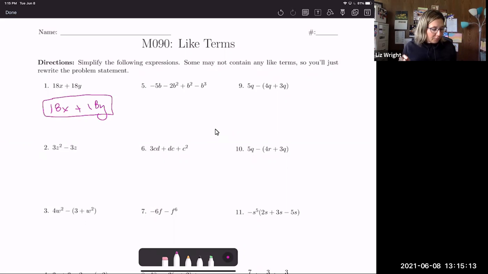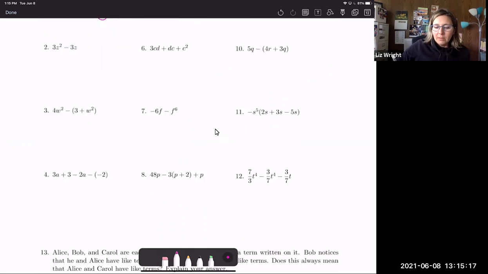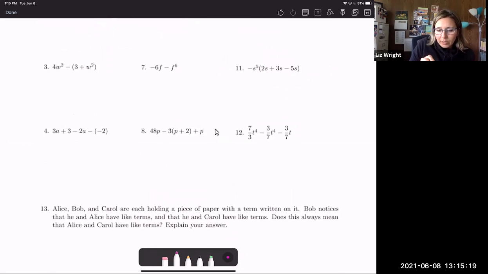I would also like to do number 3 with you. Again, I'm looking to see if I can combine anything. I cannot, so I'm going to use the distributive property. I'm going to distribute that negative into the parentheses. You can think of it as a -1 here, if you'd like. When I distribute, I'm going to have 4w squared minus 3, because it's -1 times a positive 3.